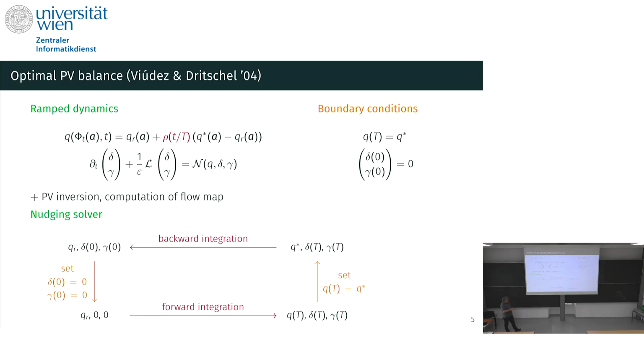And at the other end, we have a target potential vorticity. In general, this potential vorticity is not going to have much to do with the target. So it's being set to the target. Then we integrate backwards in time to the initial time.